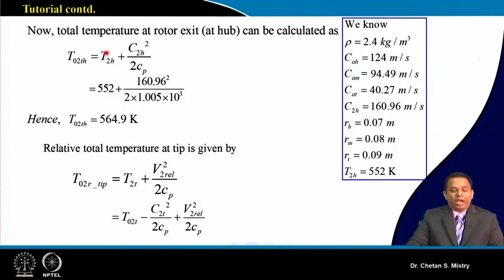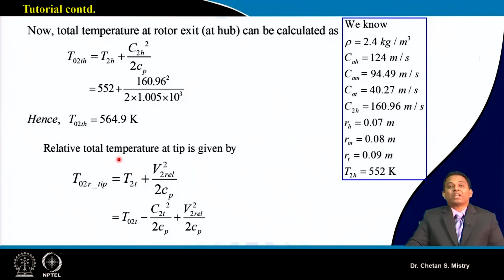At the hub the static pressure is known to me, and we have calculated our absolute velocity. So that gives me my total temperature at the hub, which is 564.9 Kelvin.